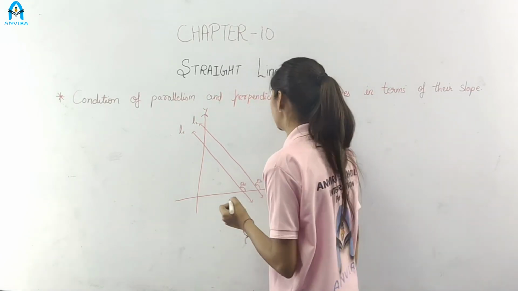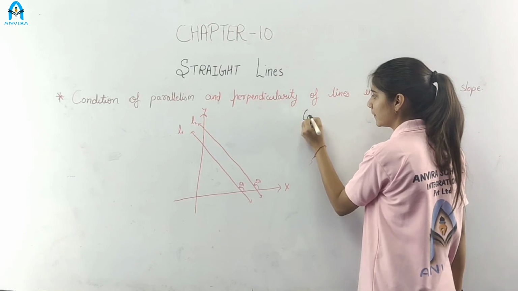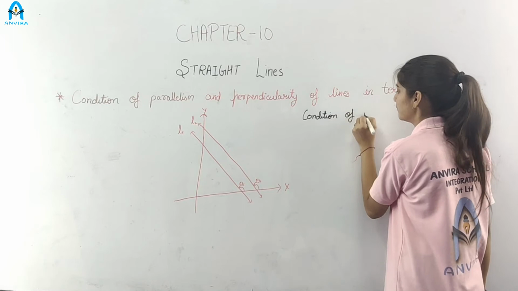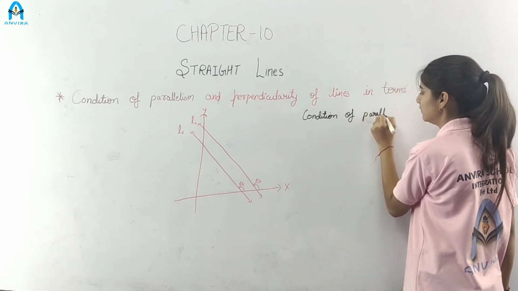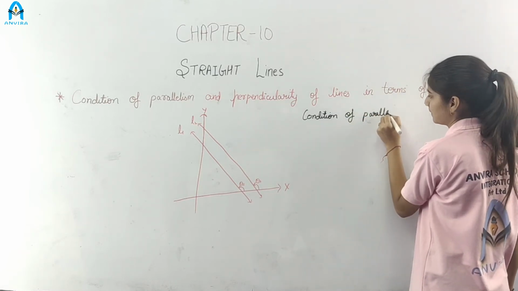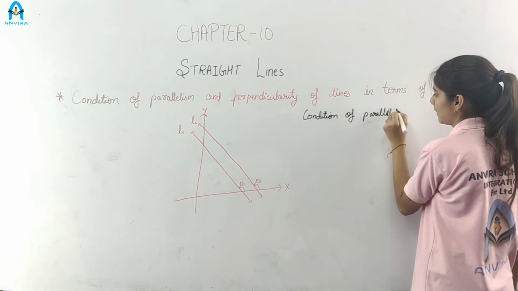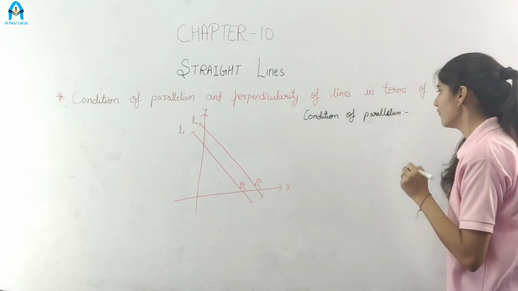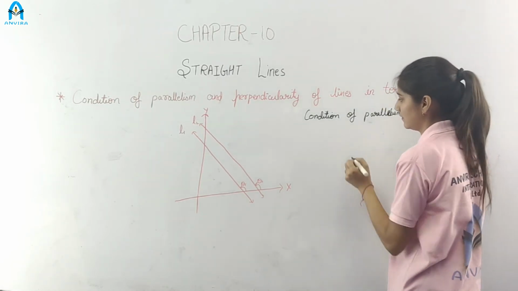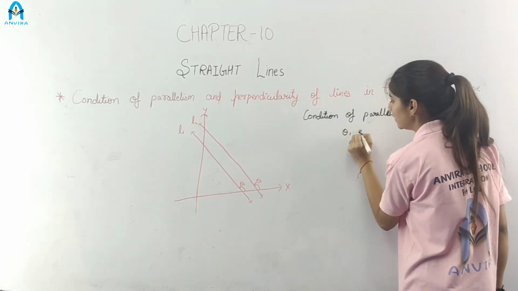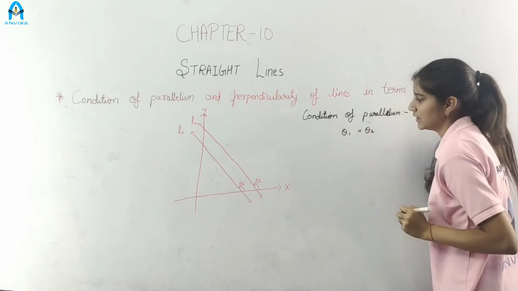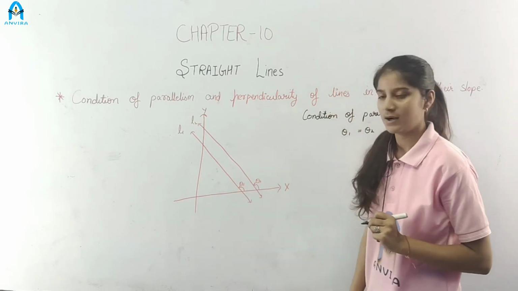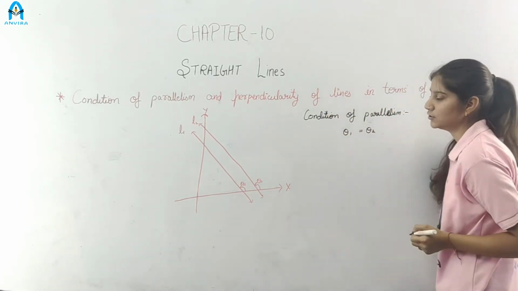So for the condition of parallelism, we have given θ1 is equal to θ2. Since it is two parallel lines and a transversal, the corresponding angles should be equal.